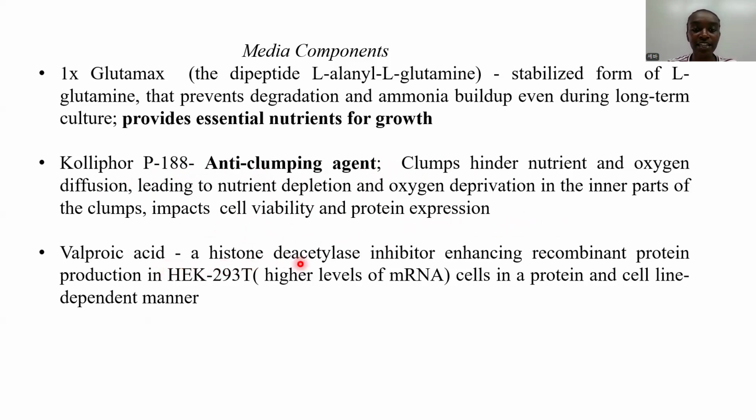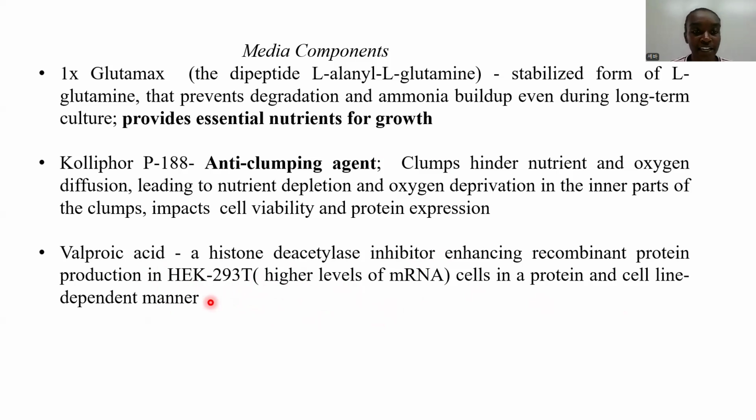It's a histone deacetylase inhibitor, which removes acetyl groups to ensure the recombinant protein, particularly in the cell line, is optimized in terms of the mRNA expression in a protein and cell independent manner.